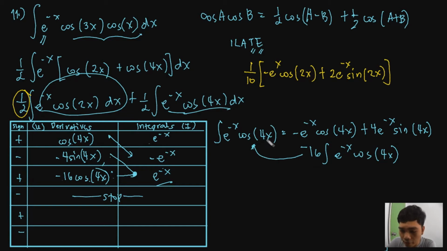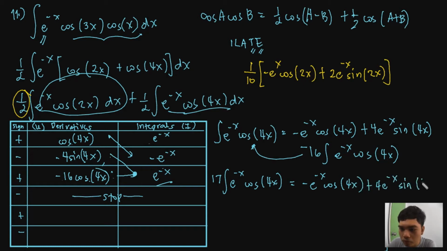So, that is 17. So, from this, we have 17, the integral of e raised to negative x cosine of 4x. And then that is equal to negative e raised to negative x cosine of 4x, and then this one. Okay, and then dividing this all by 17, we'll be able to get the final result for this.